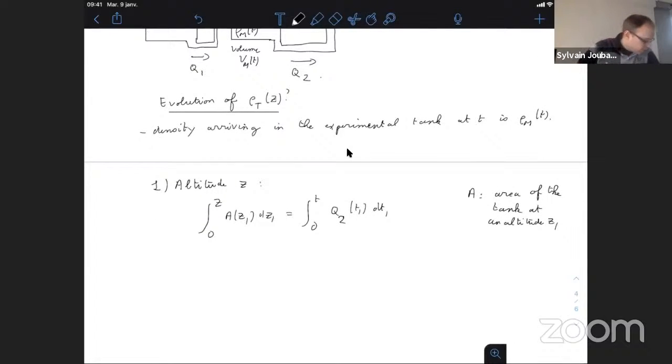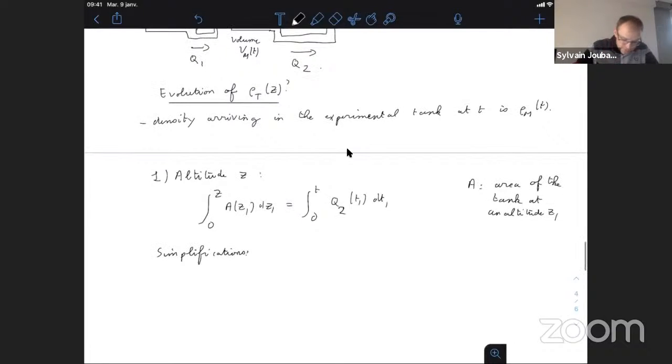If you do that, that's the general formula. I will do two simplifications to explain why we can get the stratification. Then I will come back to this later. So A is a constant, A naught, and the same for the flow rate.